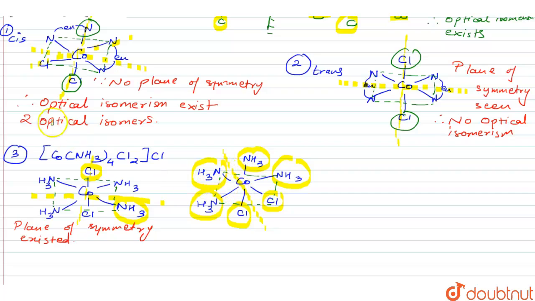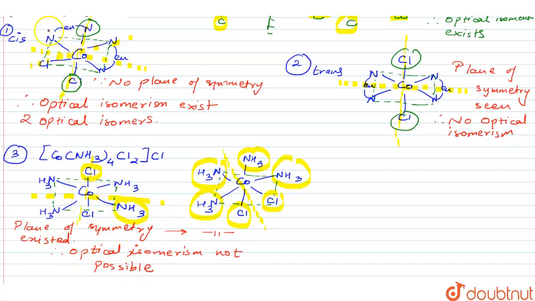So again we have got a plane of symmetry existing. This is true also for this form, and hence optical isomerism will not be possible.